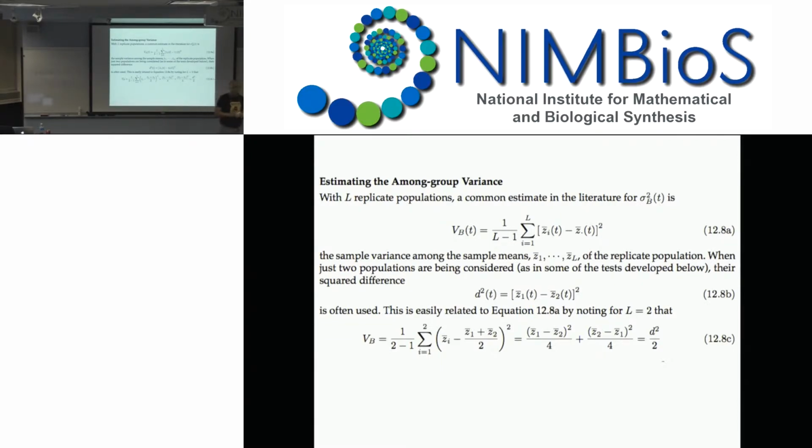Well, suppose instead of 2, I've got L replicate populations. So I have a founding population, and I draw 1, 2, 3, 4. The key assumption here is what's called the star phylogeny. When I draw each population, there's no covariance among them.